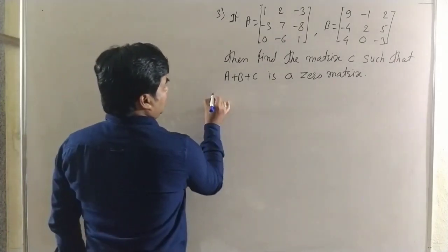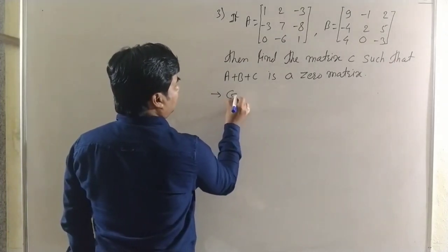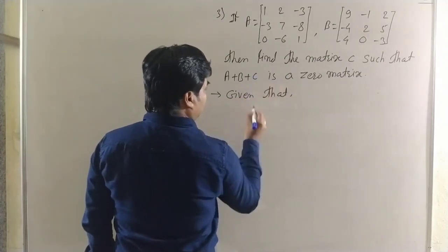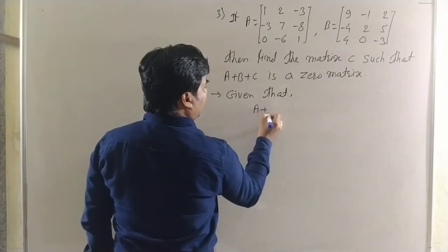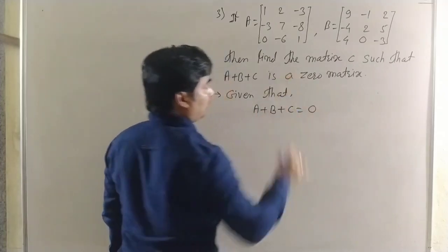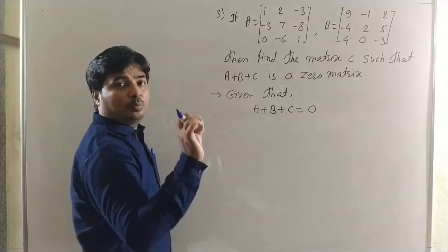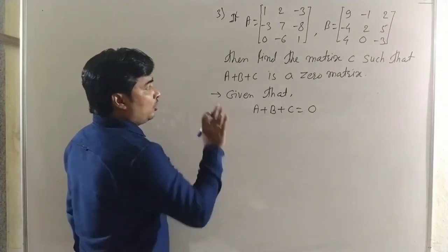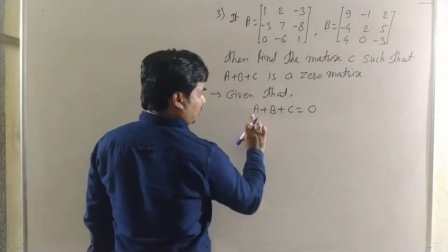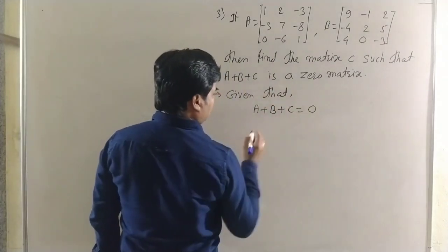See carefully the relation, that is A plus B plus C is equal to 0, and here we want to find the matrix C. Therefore A and B can be written on this side.